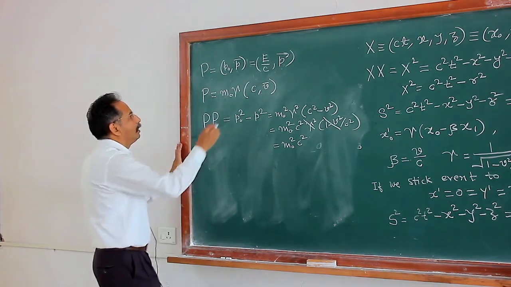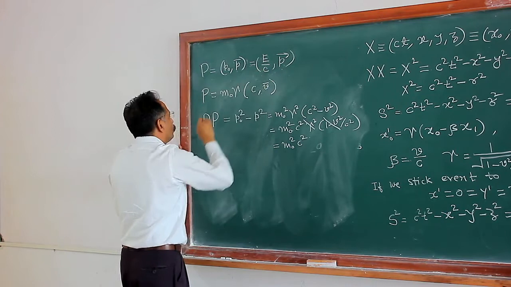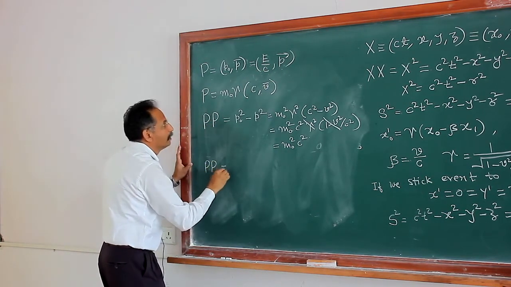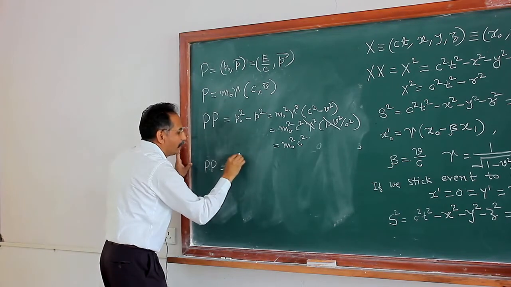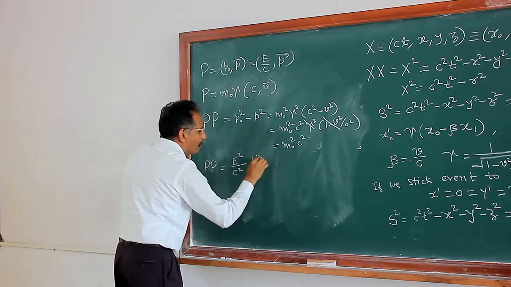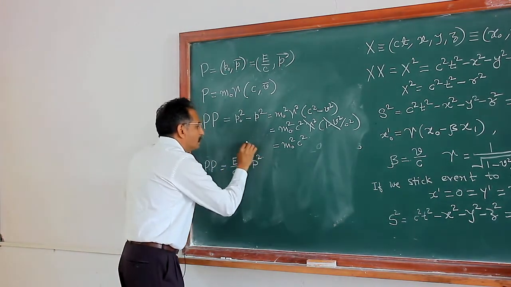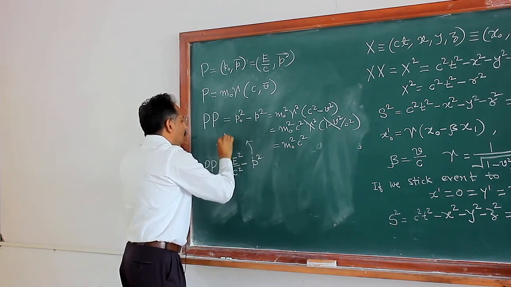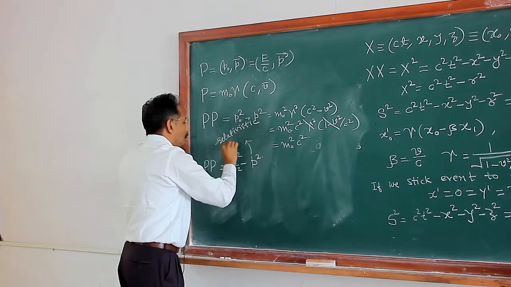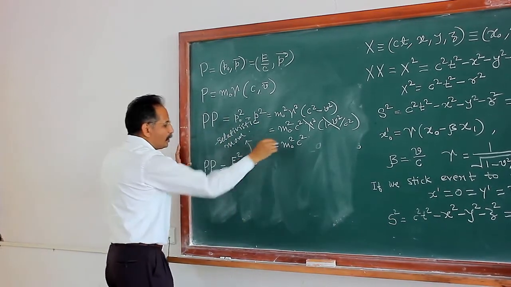Now I have this definition also to write in terms of inner product of P with respect to itself. So it will be E square by C square minus P bar dot P bar will be P square, where this P is relativistic momentum. Now we can compare these two results.